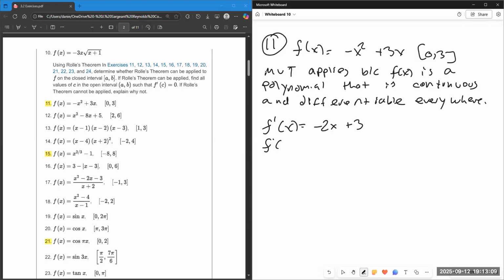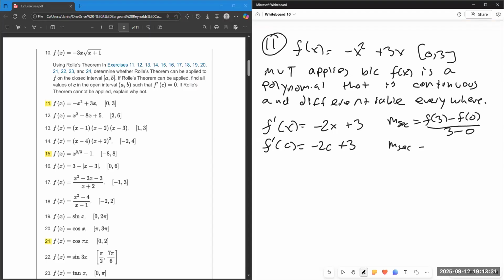We'll substitute the letter c here to make it consistent with the theorem. Let's find the slope of the secant line, which is equal to f of 3 minus f of 0 over 3 minus 0.